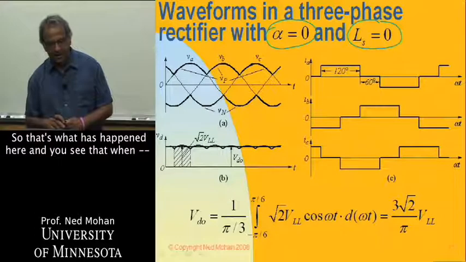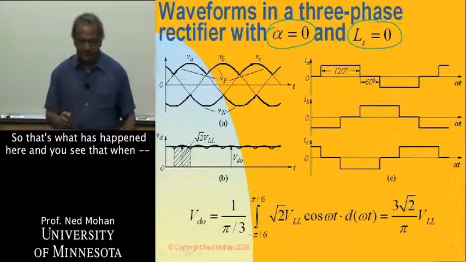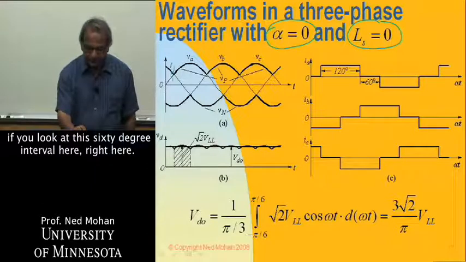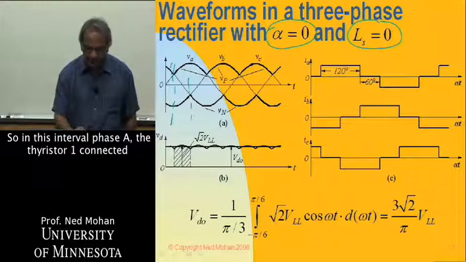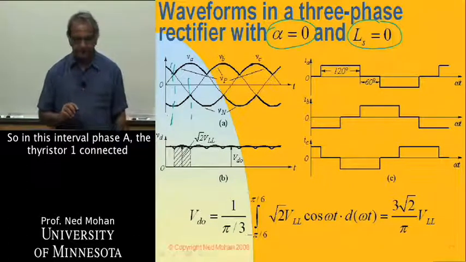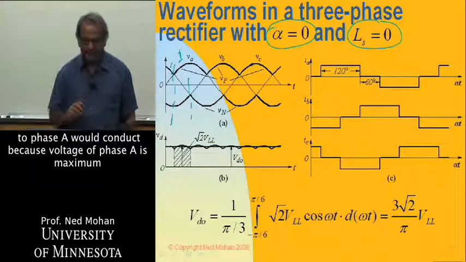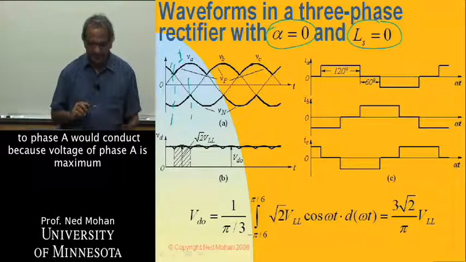So that's what is happening here, and if you look at this 60-degree interval right here, in this interval, the thyristor 1 connected to phase A would conduct because the voltage of phase A is maximum.